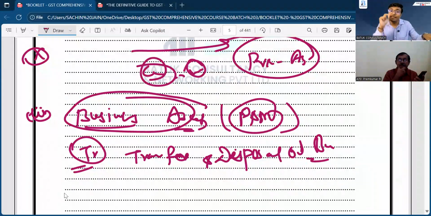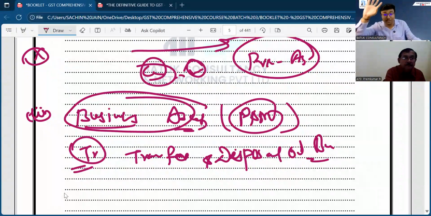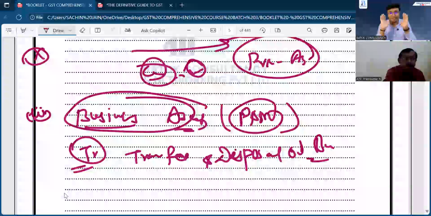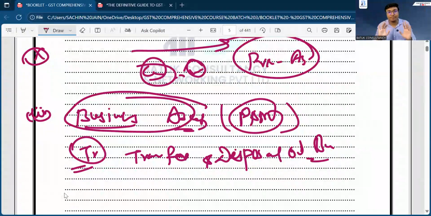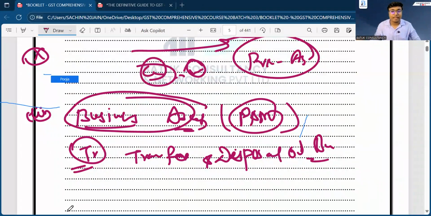Okay, so consideration may be in the form of money, or maybe in the form of monetary value, or maybe in the form of any benefit. Okay, later on we'll discuss the donation and the consideration, but for basics you just need to keep one thing in your mind. Consideration means money and monetary things that will be considered as consideration. Okay, in cash or in kind.